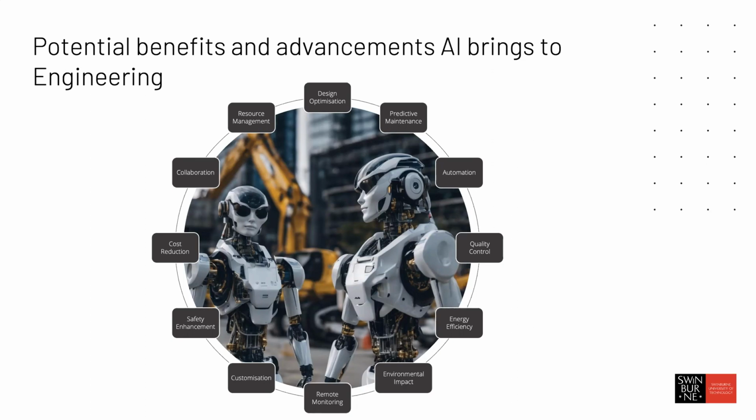So in summary, AI has the potential to revolutionize engineering by improving efficiency, accuracy, and sustainability, while enabling engineers to tackle more complex challenges and push the boundary of innovation in the field. It offers a promising future for engineering that combines both traditional practices and cutting-edge technologies.